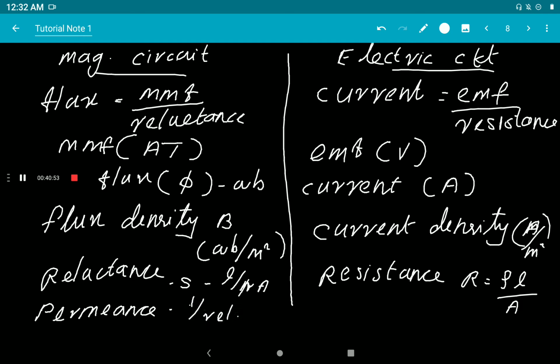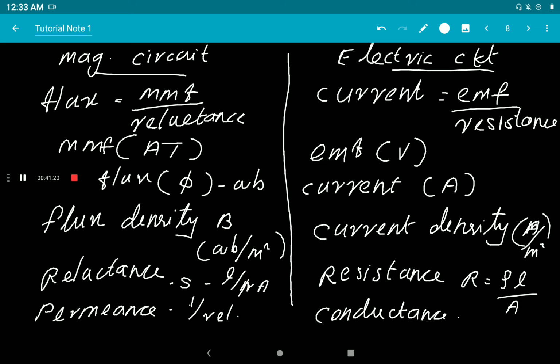Similar to permeability, where mu is the permeability, the similar property in electrical circuit is conductance. And another term we have studied in magnetic circuit is magnetic field intensity, but there is no related property in electrical circuit. Current does not have an intensity property, so there is no related term.